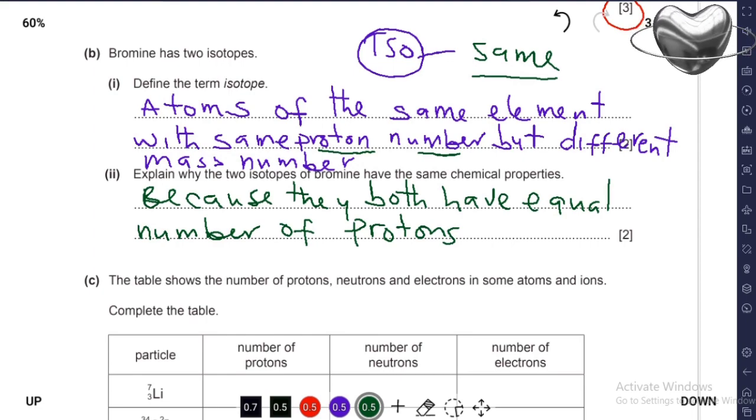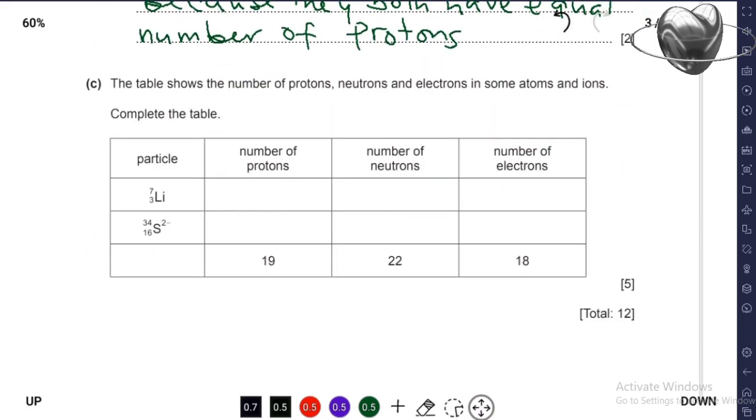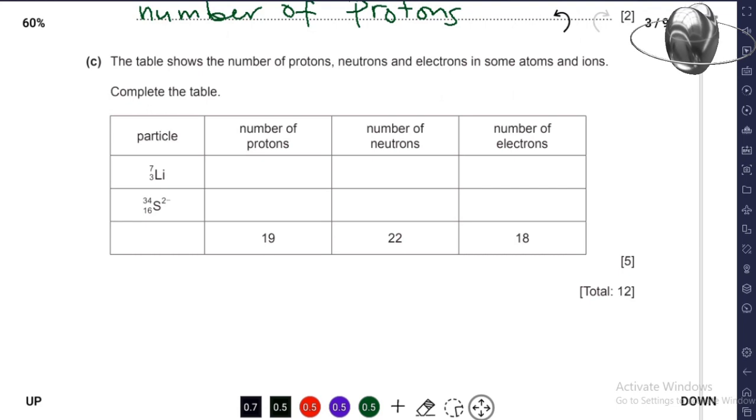Moving forward, the table shows the number of protons, neutrons, and electrons in some atoms or ions. Very important, my dear learners, for us to understand atoms. An atom is not charged, an ion is charged. The examiners are demanding us to complete the table.